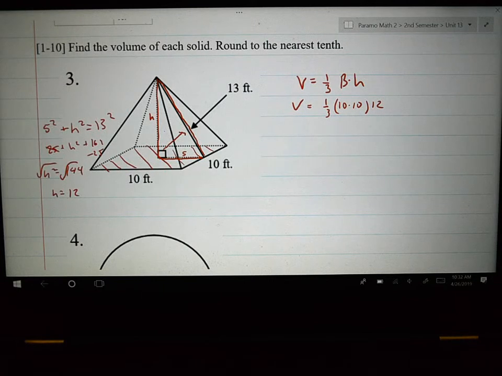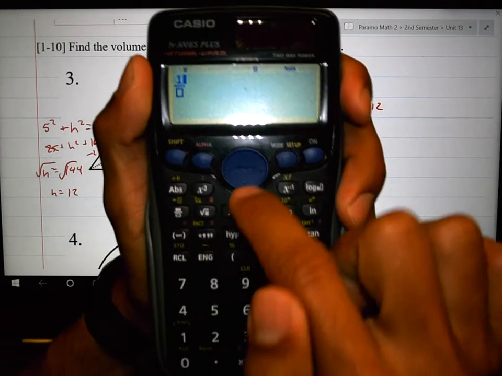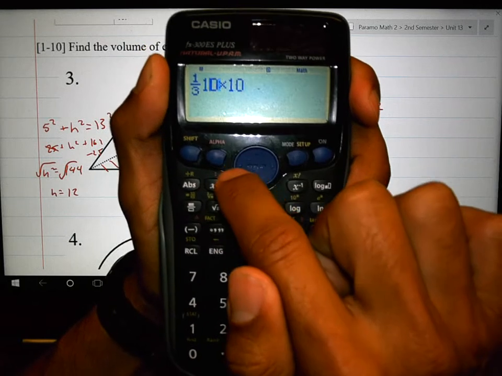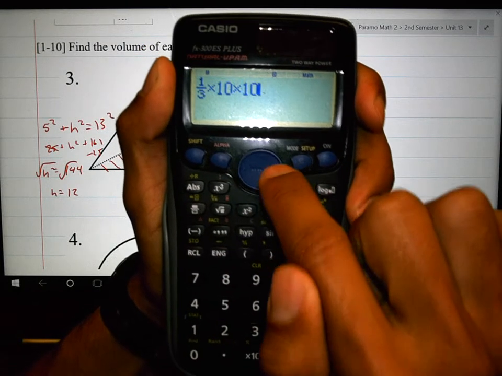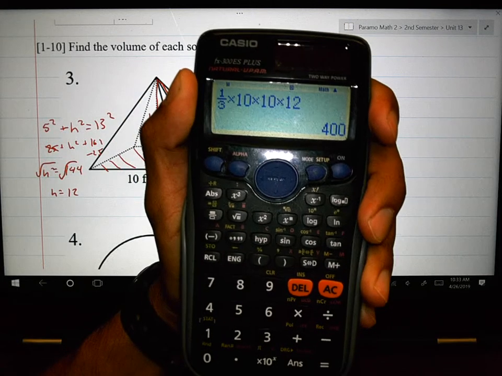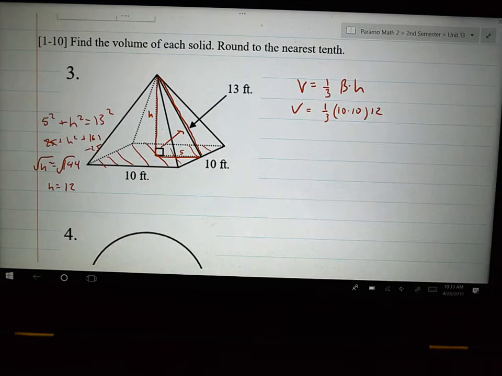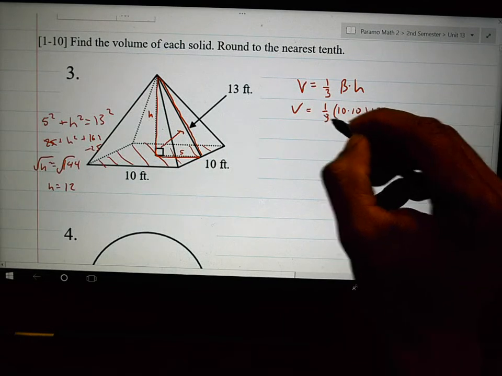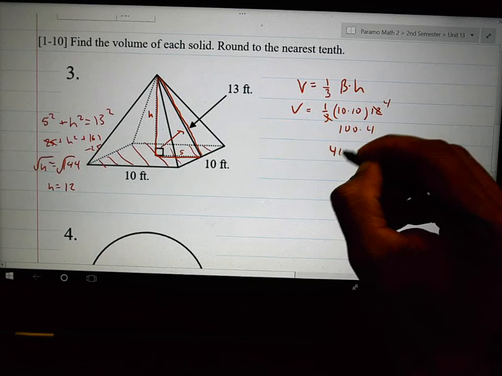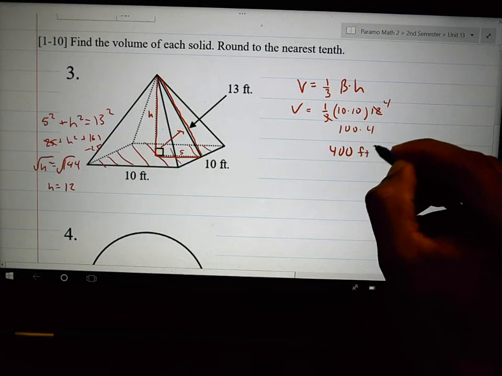But we have fraction buttons on our calculator, so I'd recommend doing fraction button, 10 times 10 times 12, and just seeing what you get. Or if you're doing it by hand, 3 goes into 12 4 times. 10 times 10 is 100, so I can tell this is 400 feet cubed.